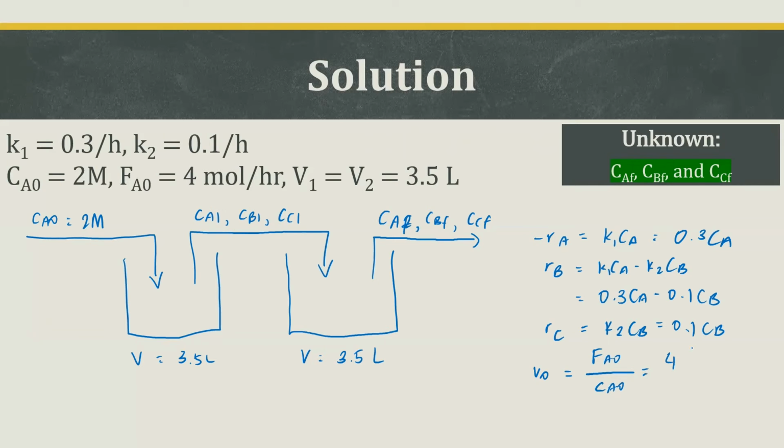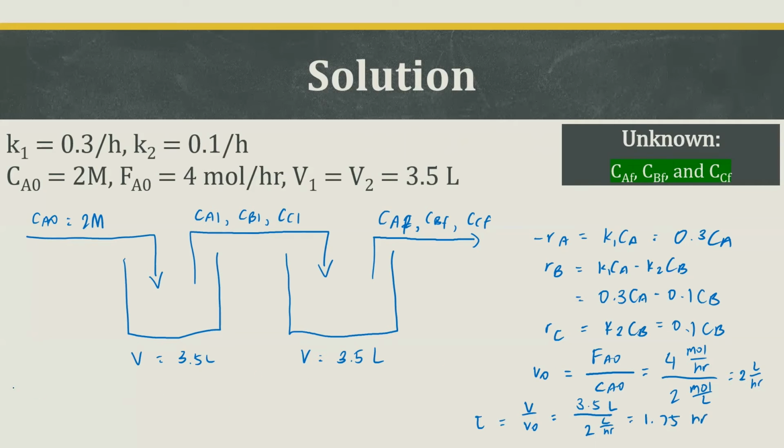So this is 4 moles per hour over 2 moles per liter, and this gives you 2 liters per hour. Then we get the space-time, tau equals V over v0. For each reactor, tau is 3.5 liters over 2 liters per hour, so that's 1.75 hours.